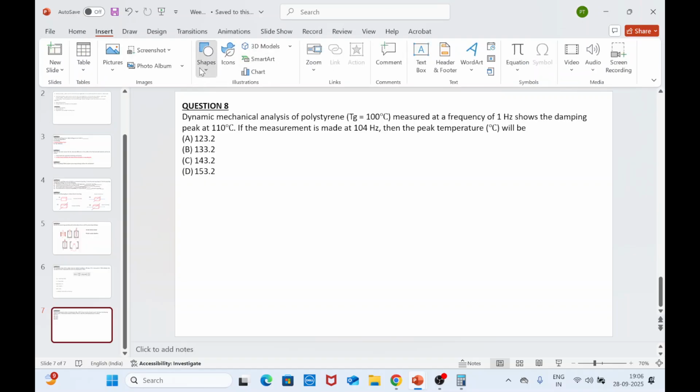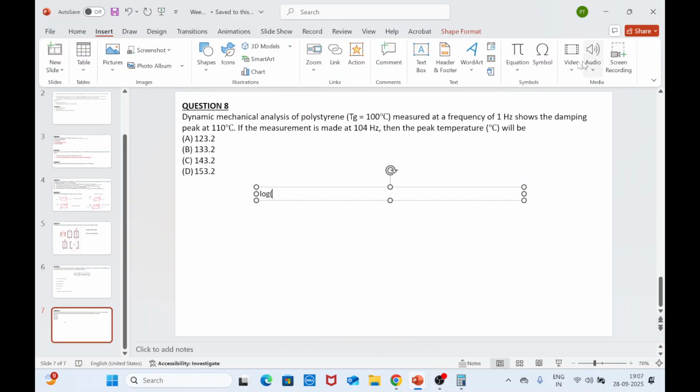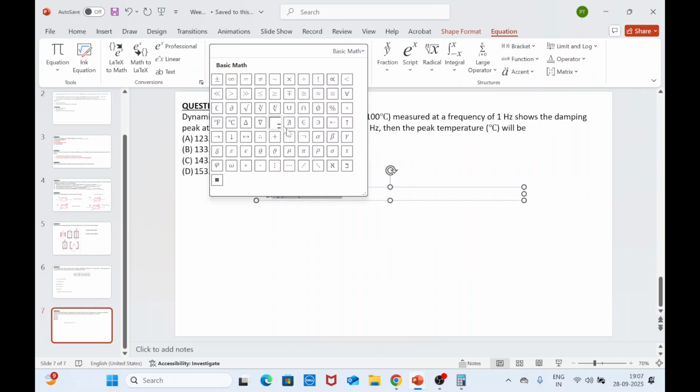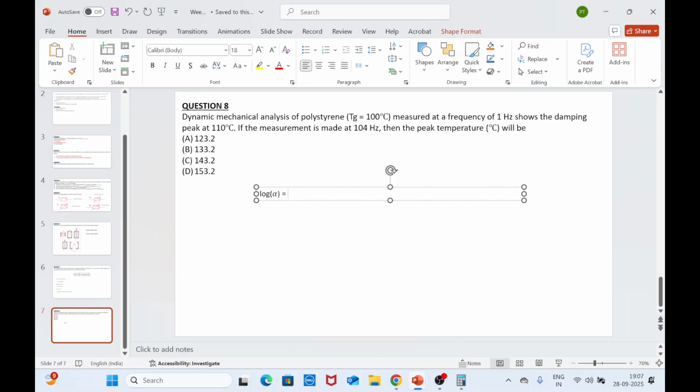Let me give this equation. It is log alpha, I'll write the Greek letter alpha itself. Log alpha subscript T equals minus C1 times (T minus TR), where TR is your reference temperature, divided by C2 plus (T minus TR).